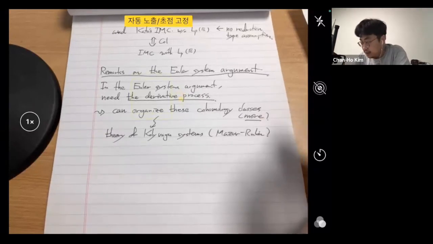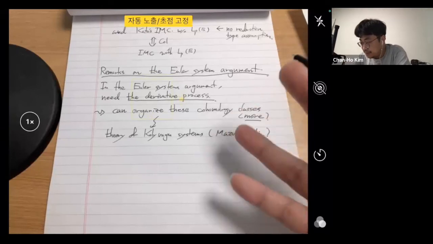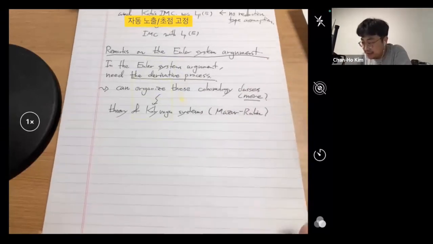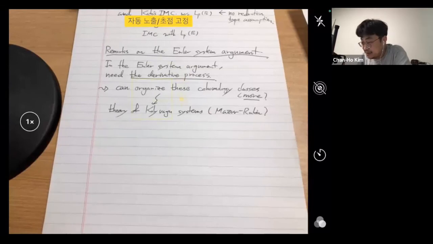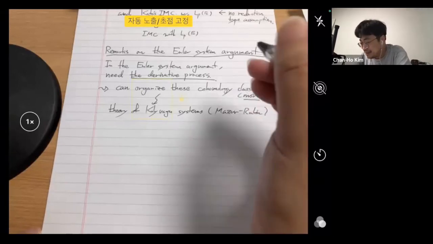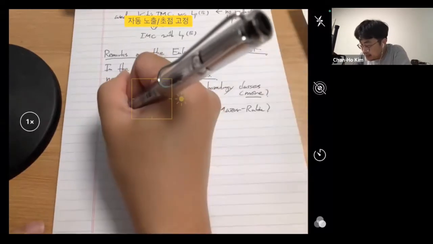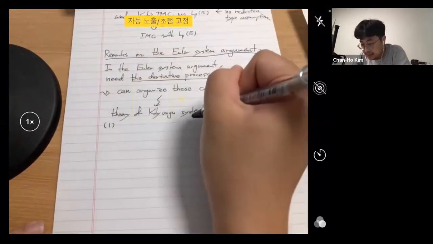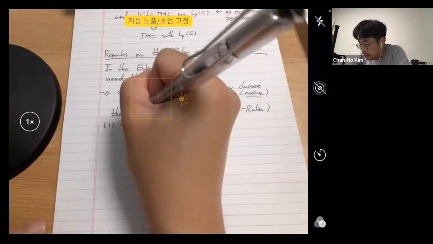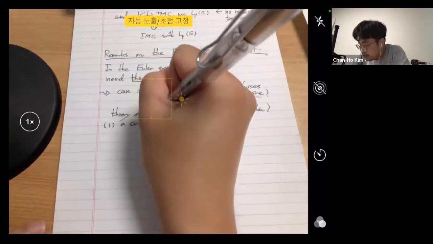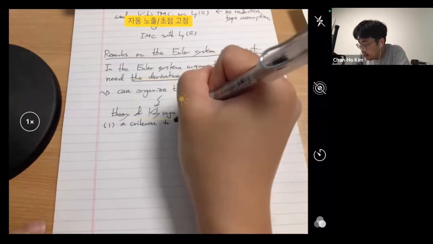So, okay, we will draw a similar picture, but what I want to emphasize is that Kolyvagin systems have more advantages than just the usual Euler systems. By developing the theory of Kolyvagin systems, there are two advantages. The first one is that we have a criterion to have equality.